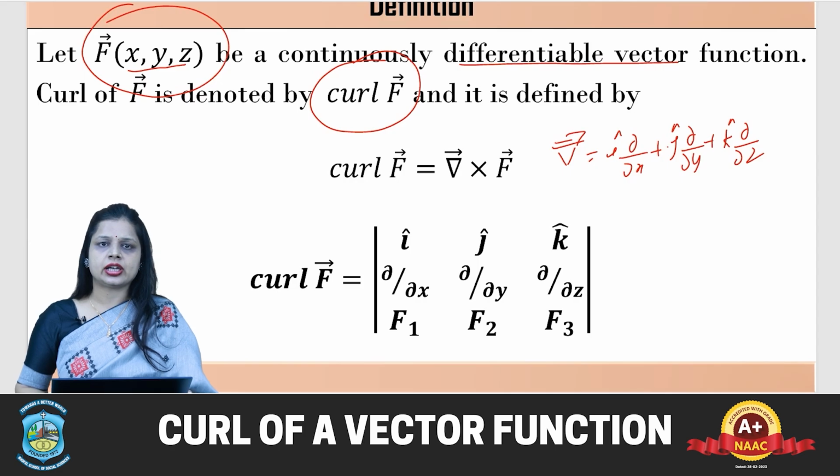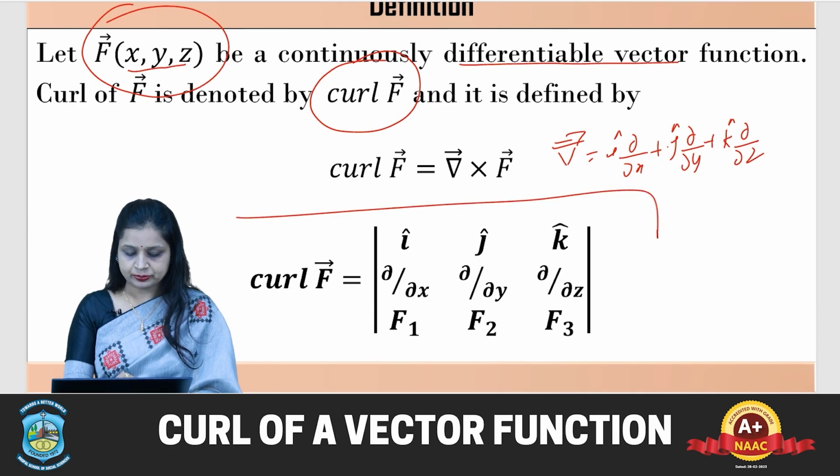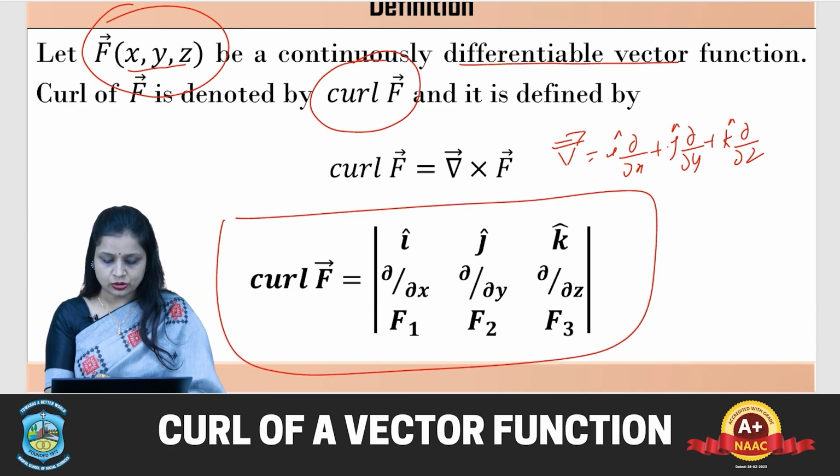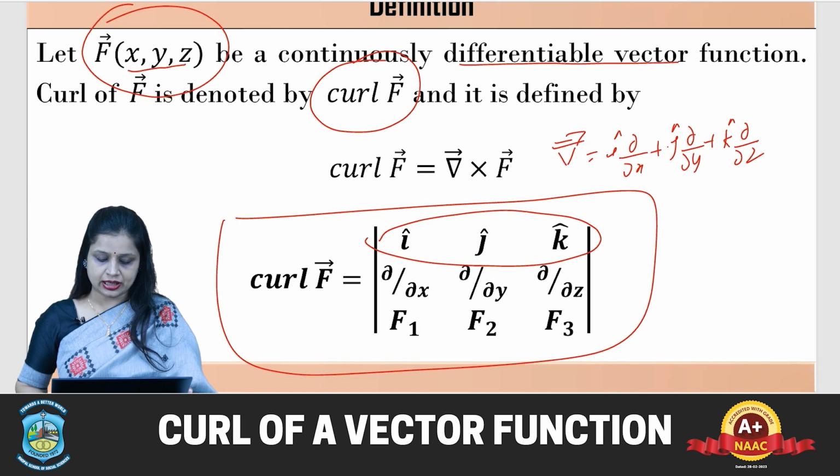We can calculate curl of this vector mathematically by solving the determinant where the first row includes unit vectors i cap, j cap, k cap.